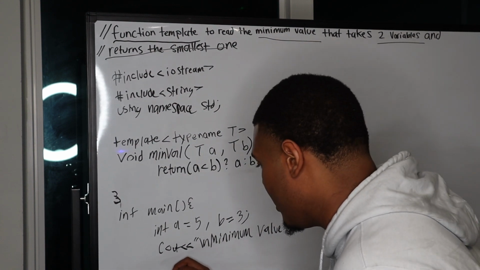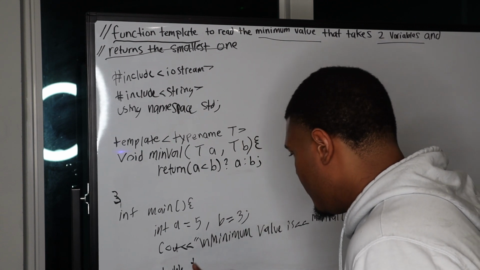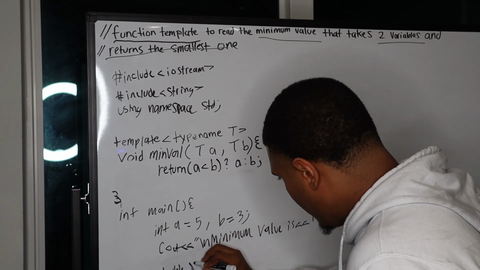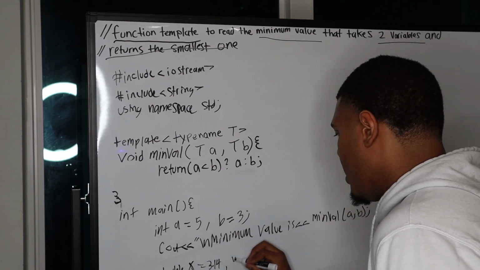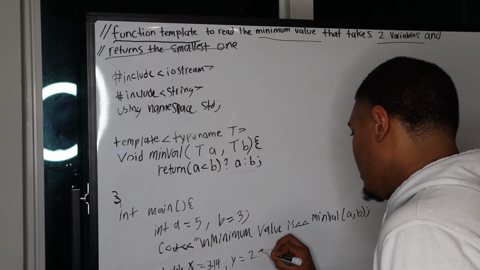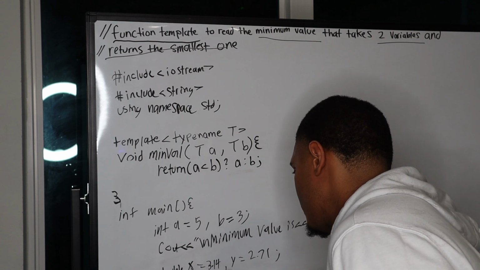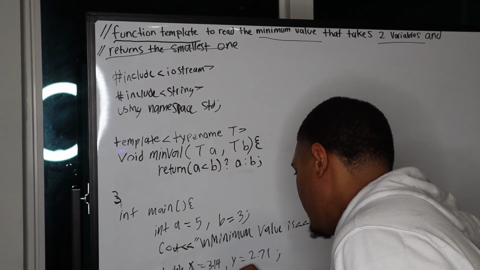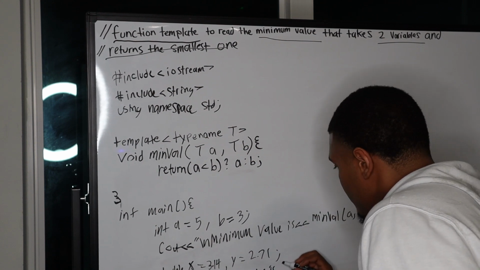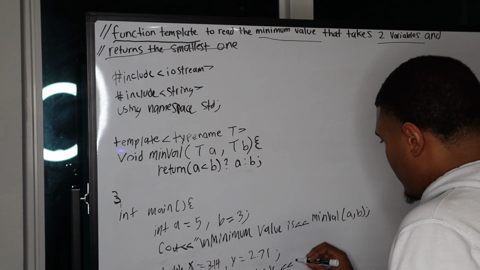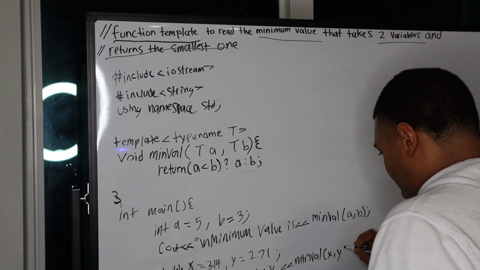Let's do pi. Let's say double x. Why does my x look like that? That was ugly. x equals 3.14, and my y equals, let's say, 2.71. cout, next line, minimum value is, we can close them, minVal of x and y.